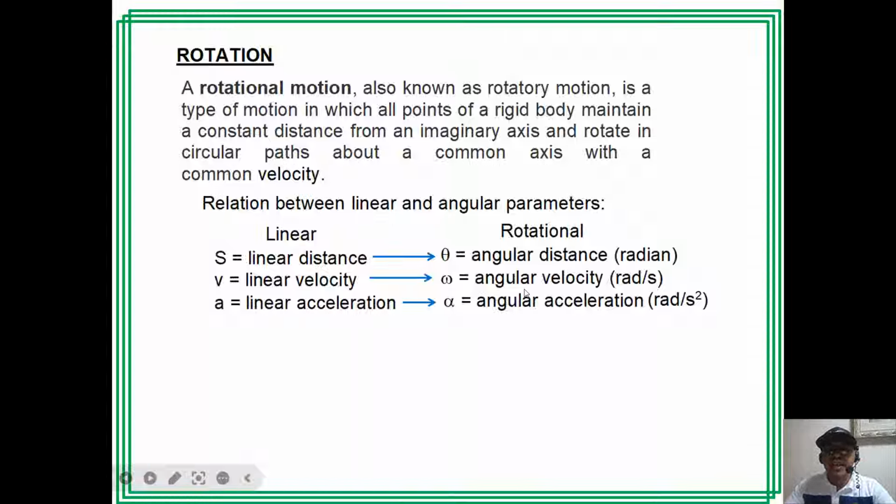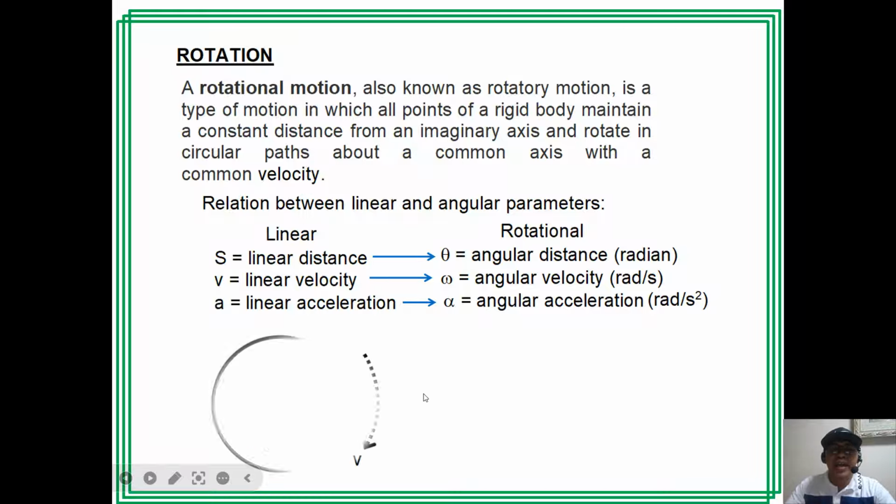The velocity is the angular velocity, or rotational velocity, expressed in radians per second. And if the rotation is accelerated, we have alpha to represent the angular acceleration, expressed in radians per second squared.